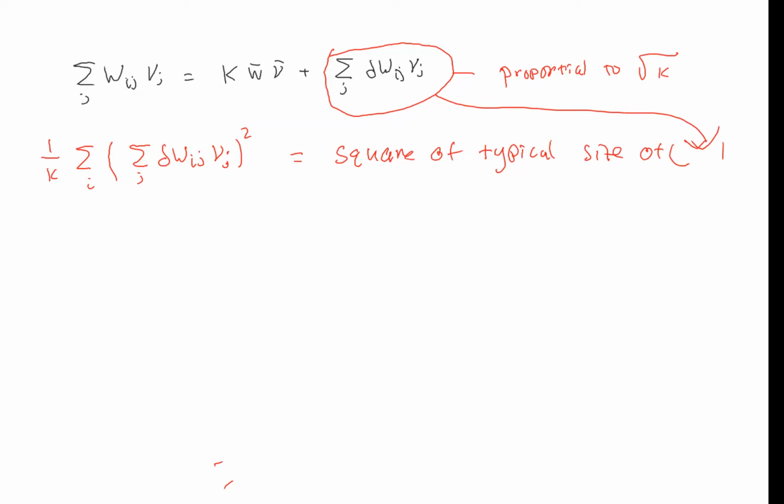So what we've done is basically squared that term. We can take the square root to get a typical size. We'll eventually take the square root.